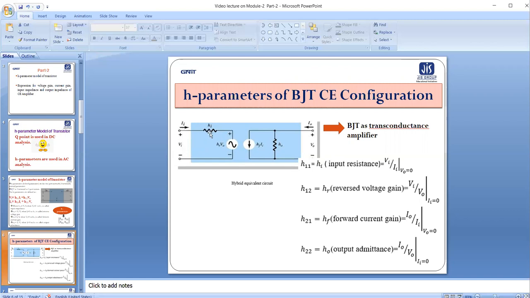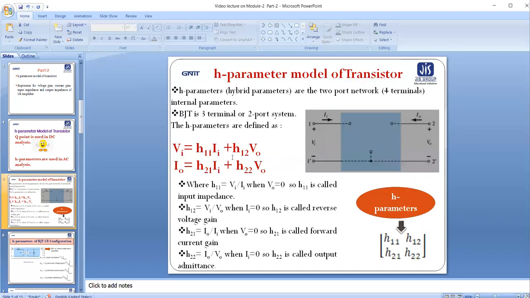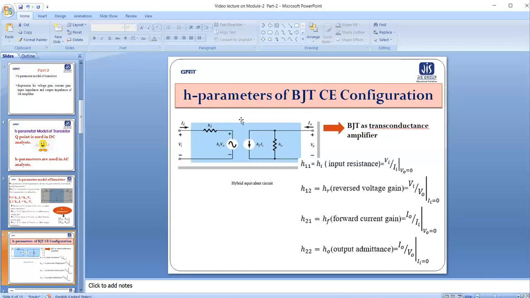This is the impedance, because we have learned that this h11 is nothing but the impedance. So when we are connecting any Vi, the Vi will send a current through some impedance. So that's why we have drawn this impedance.